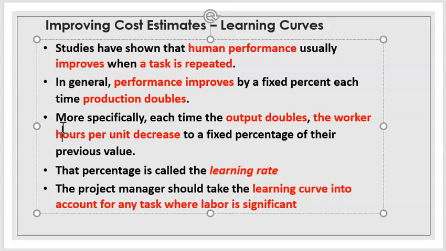So if the task is being done repeatedly, the output will double or triple, and the worker hours per unit will decrease. This is what we call a learning rate. Project management should take the curve into account for any task where the learning effect is significant.